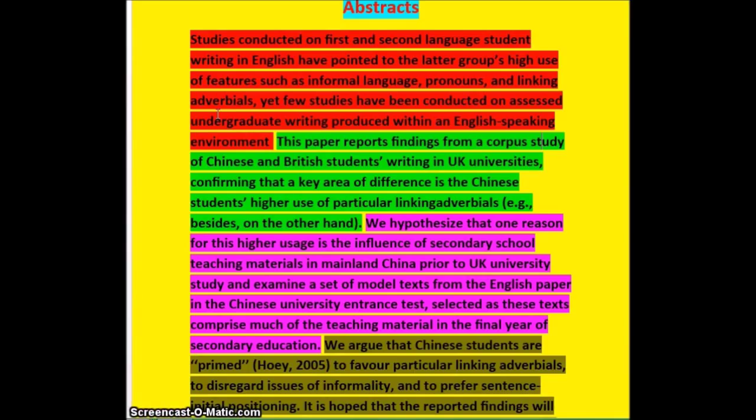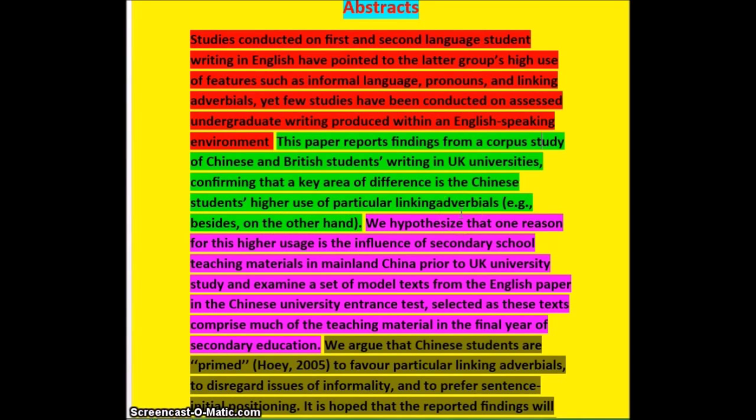Now, notice the first 2 sentences are both what we call descriptive sentences, because they give you a summary of the paper, summary of the problem, summary of what the research found, but not particular details.